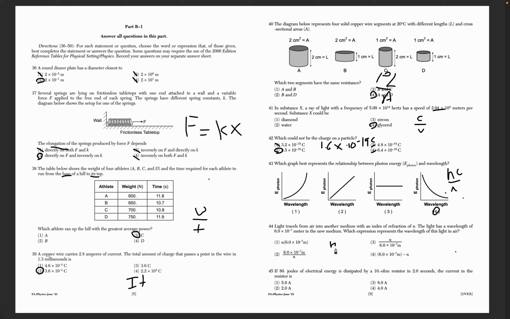So n2 over 1, which is the same thing as n, is equal to the wavelength in the new medium over the wavelength in air. That's 6.0 times 10 to the negative 7 meters over lambda 2, which is what we are trying to find.